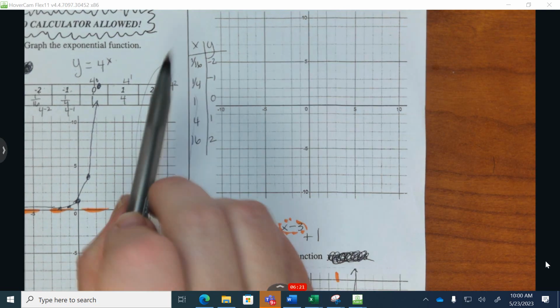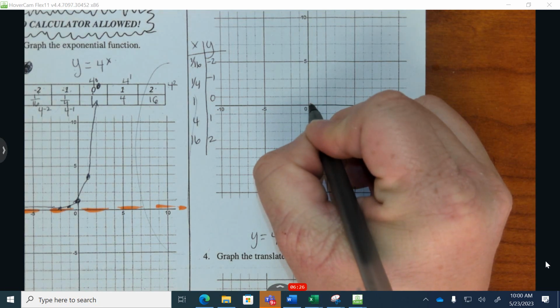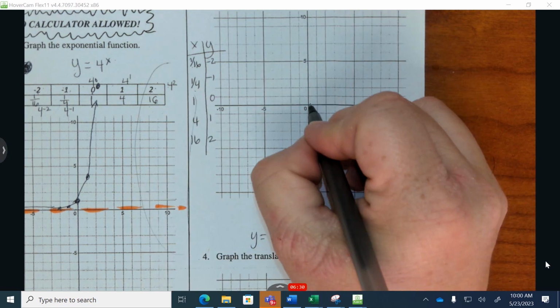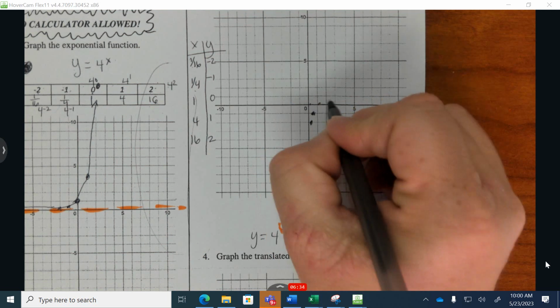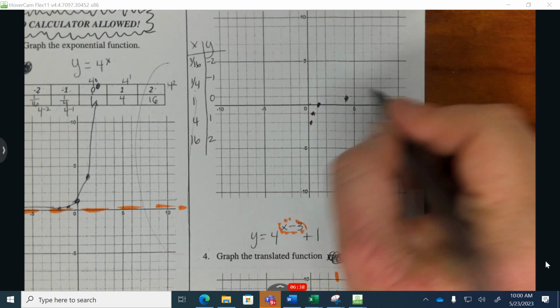Let's graph it. So from here, I'm going to go 1/16, so barely to the right of 0, and down 2. Then 1/4 and -1, 1, 0, 4, 1, and 16, 2.